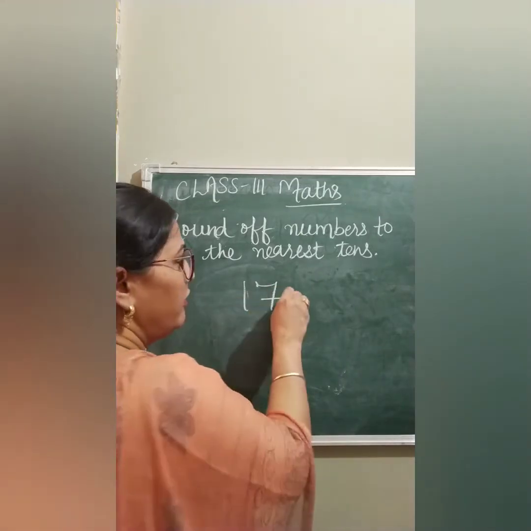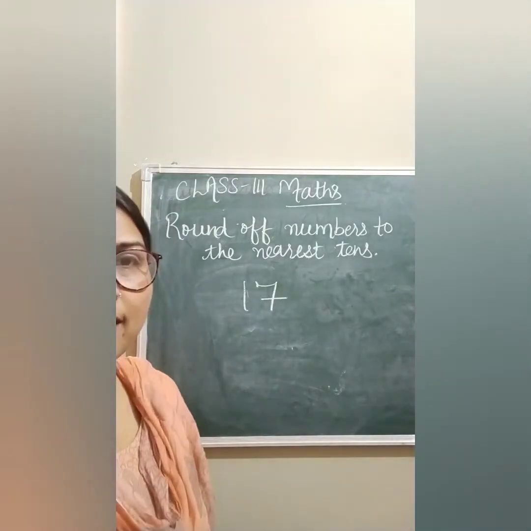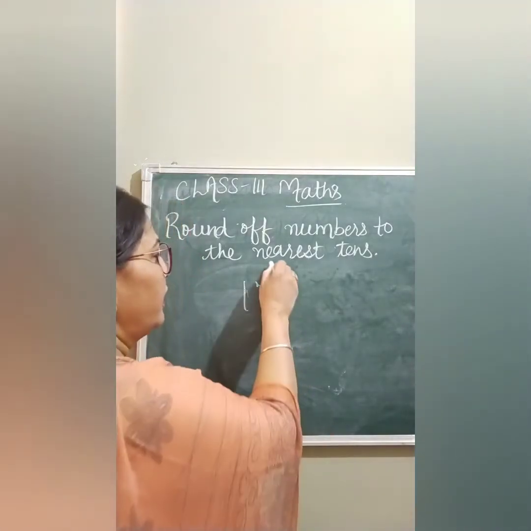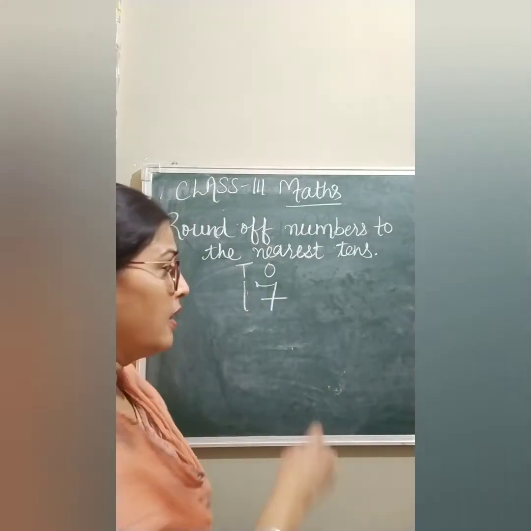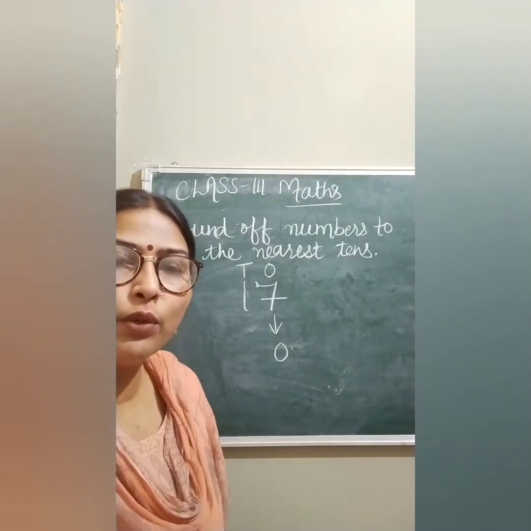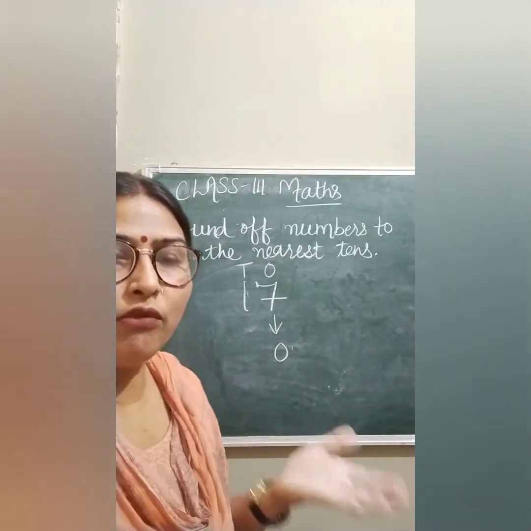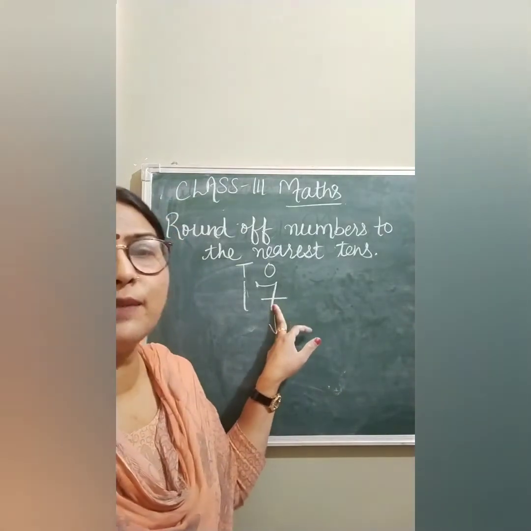This is 17. Now we have to round it off to the nearest tens. So how will we do it? Firstly we will write the places. Second step, make ones place digit 0. Now third step. What is the third step? Most important step. We will observe the ones place digit.